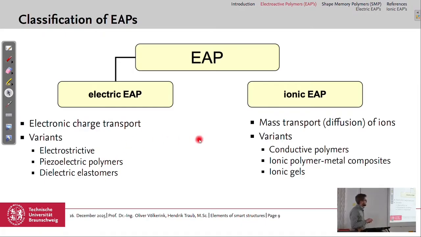And the ionic electroactive polymers, they work with mass transport, so diffusion of ions. And for this we use conductive polymers, ionic polymer metal composites, this is the one we saw in the video, an IPMC, or ionic gels.